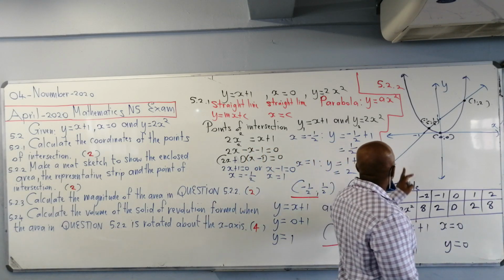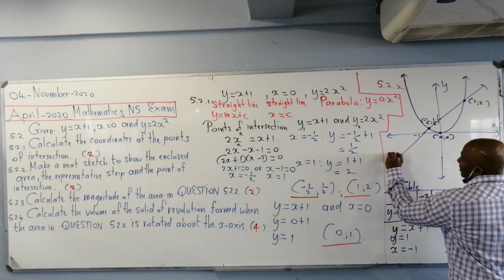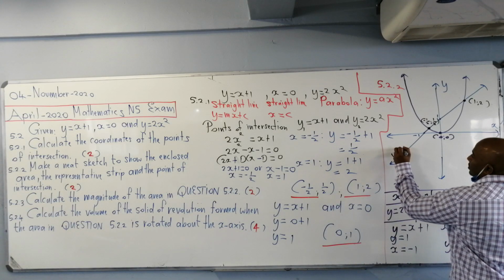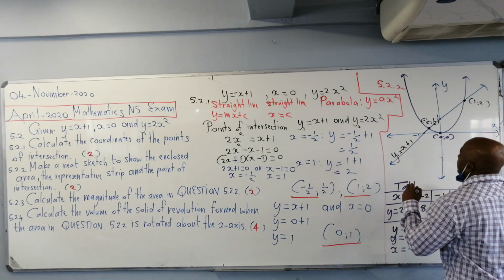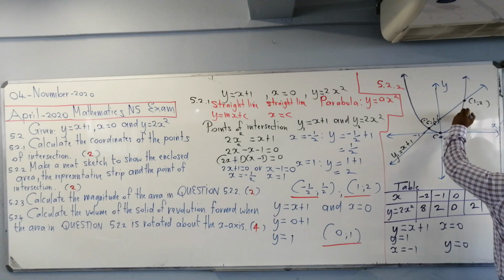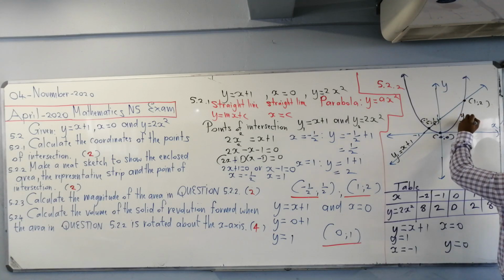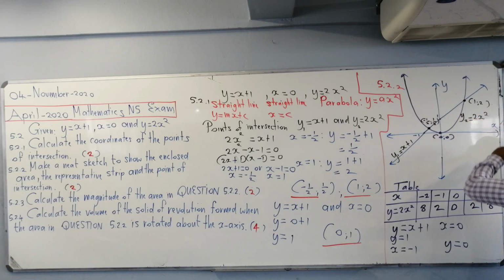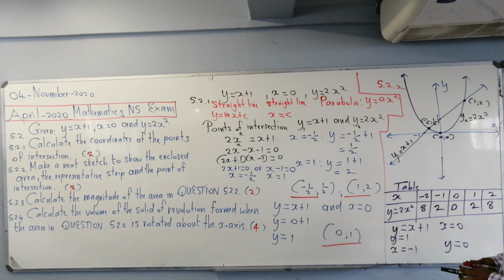How did we label our graphs? We call this straight line here y1, so y1 is equal to x plus 1. This parabola here, we call it y2, so y2 is equal to 2x squared. And x is equal to 0.